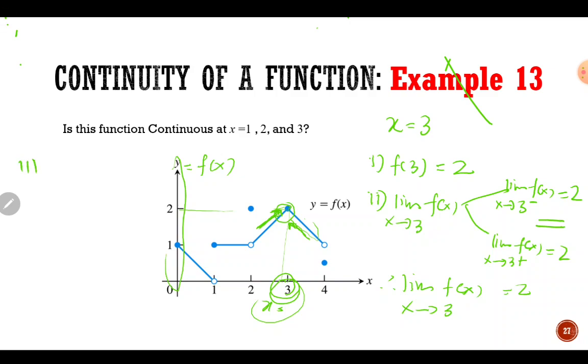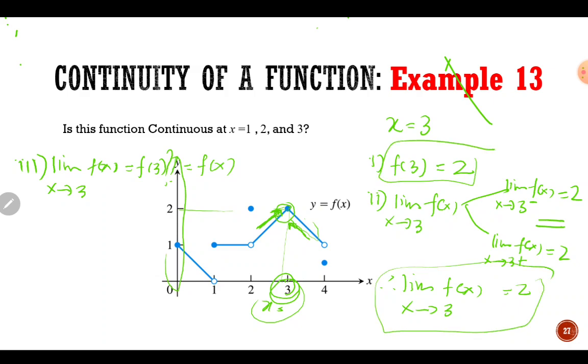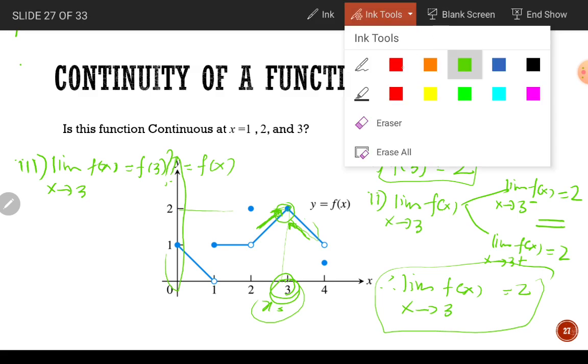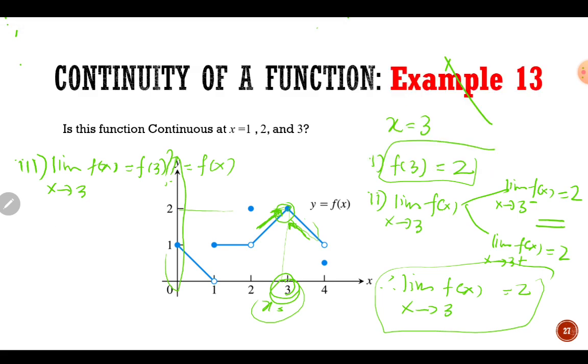So what is the third step? The third step: is the limit of f(x) as x approaches 3 equal to f(3) this time? Are they the same? Yes. See? f(3) is equal to 2, and the limit of f(x) as x approaches 3 is also equal to 2. Because they are the same, now we may conclude that the limit of f(x) as x approaches 3 is equal to 2, which is equal to f(3).